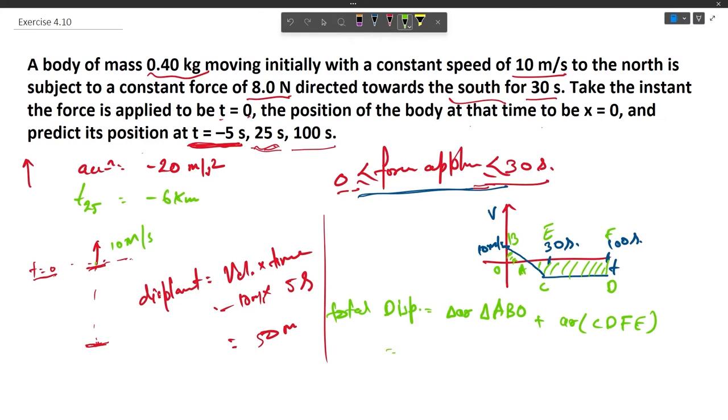So this area would be equal to half times 10 times, we don't know the base, or the time at which v comes to 0. So let us calculate this. So v equals u plus at, v would be equal to 0, the initial velocity is 10 plus acceleration of minus 20 multiplied by time, so t equals 0.5 seconds. So t would be 0.5 seconds, in meters.